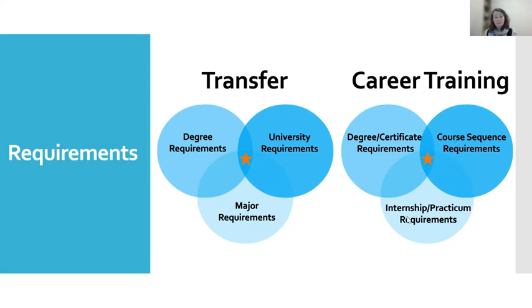There may also be specific internship or practicum requirements that you need to complete steps before you can enroll in those classes and have those experiences. So again, thinking about all of those things in tandem so that you can make a sensible plan to get you through your credential and get you further toward meeting your goals.